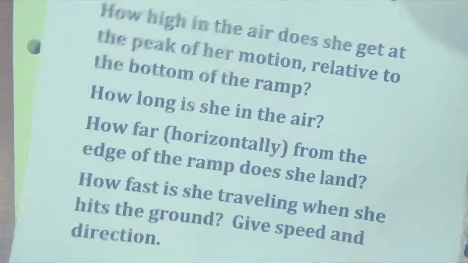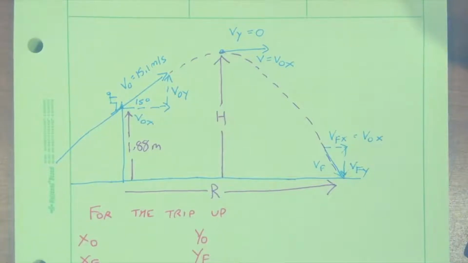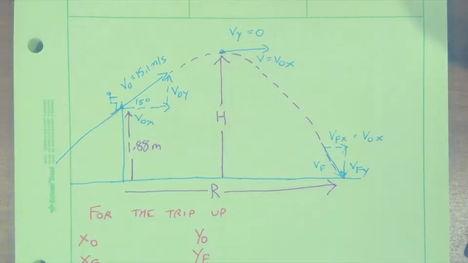Now, of course, what we always do is we draw a diagram showing the situation, and this picks up where we left off in the previous problem, with the ski jumper leaving the ramp at a speed of 15.1 meters per second at an angle of 15 degrees to the horizontal.